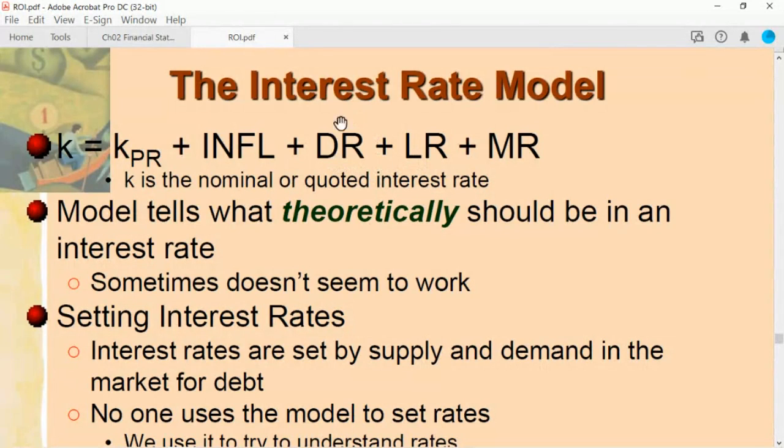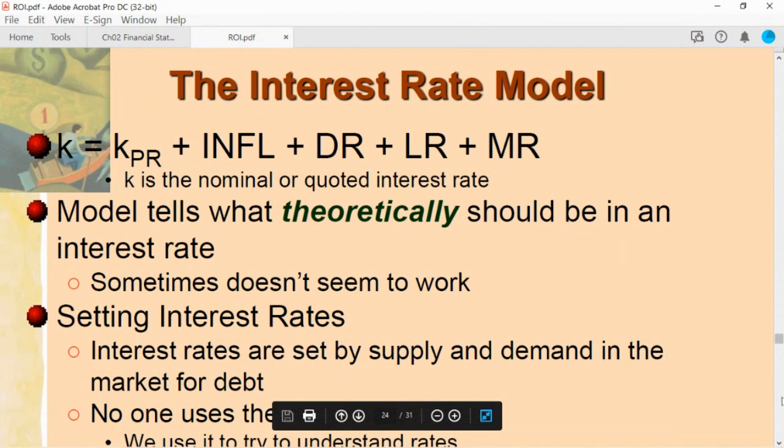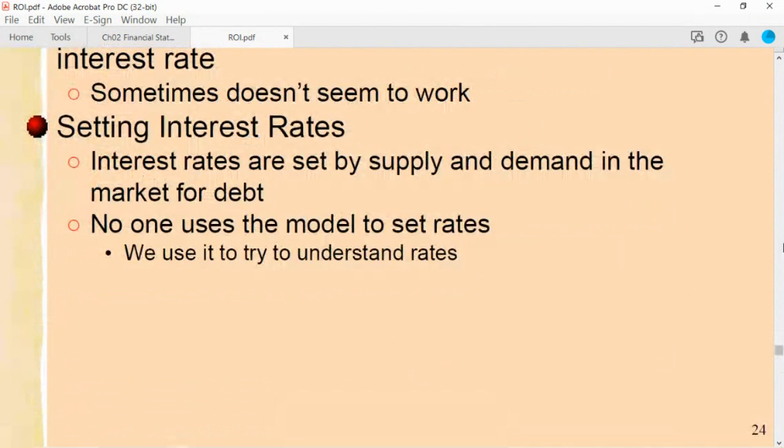And then by adding in, adjusting for default risk, liquidity risk, maturity risk, you arrive at the fully adjusted nominal interest rate, fully adjusted for every risk by their risk premium.